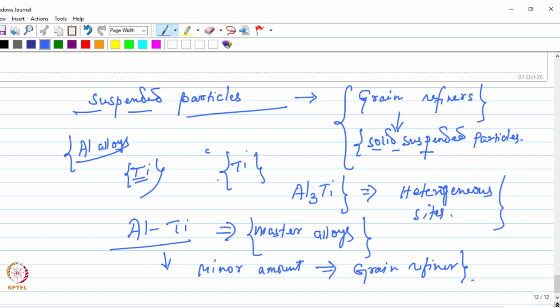Right? So this master alloy will provide these intermetallic particles having a much higher melting point. So they will still be solid at the melting point of aluminum.